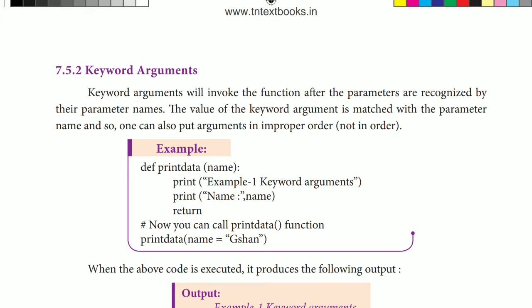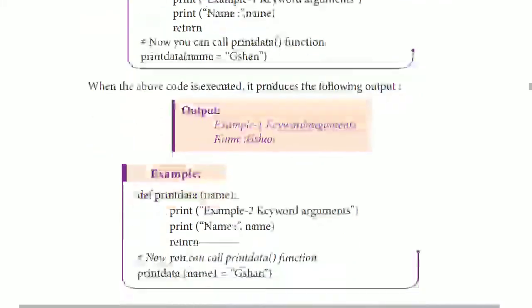While calling the function print_data, name is equal to Gshan, they have used the name of the parameter. When you are using keyword arguments, you can change the order. If you have multiple parameters, you can change the order and it will identify the name. So this is the output.